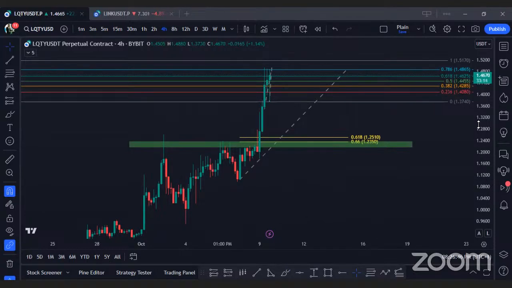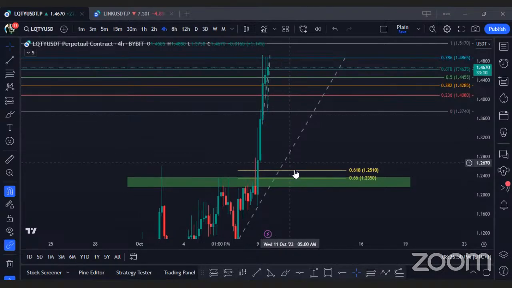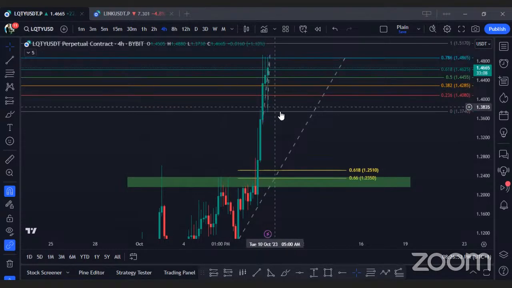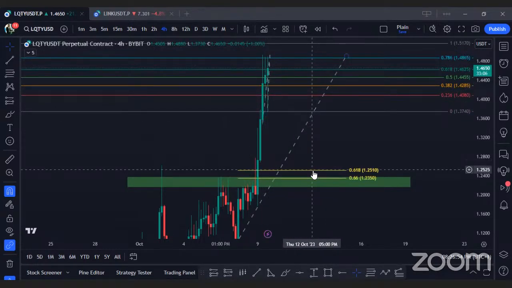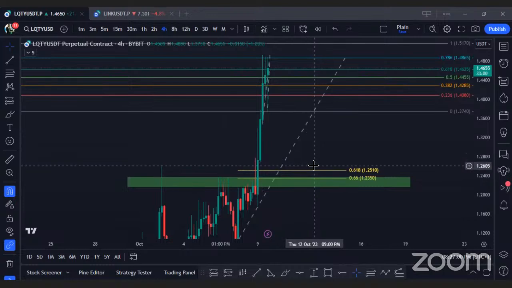So basically, this is what I'm looking at for this token. If we continue to pull back down, I'll wait. If I'm holding a short position here already, I can decide to target this level down here. Now, in this case, this trade may not happen in a day. This might have happened in a day, but coming back down here may not happen in a day. It can happen in one candle.